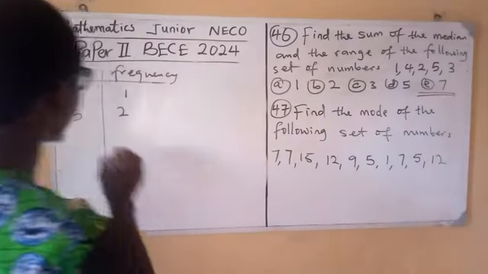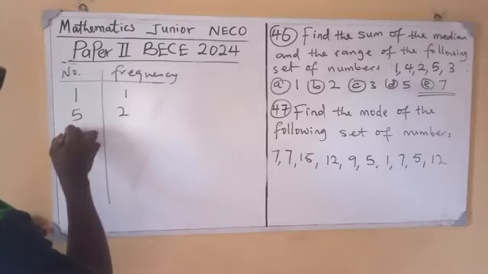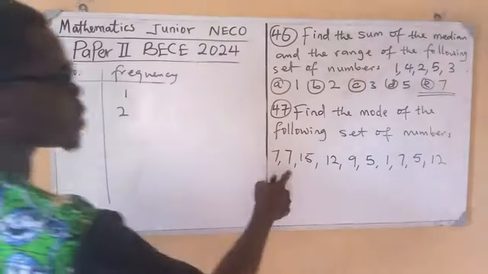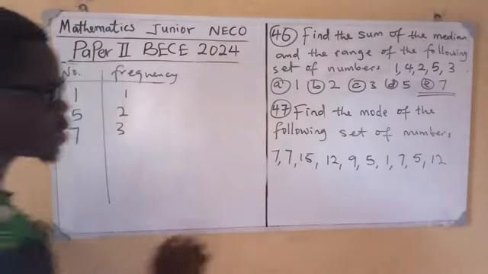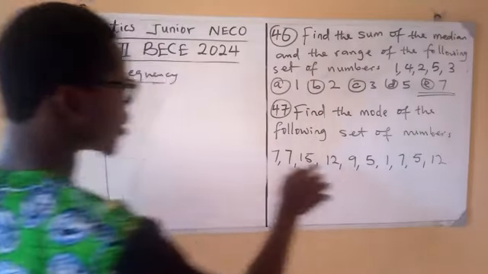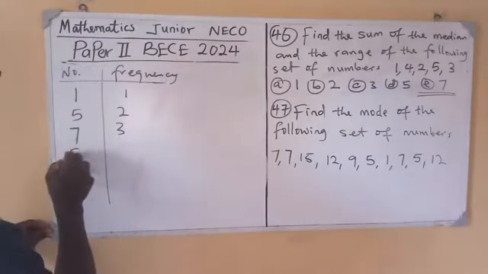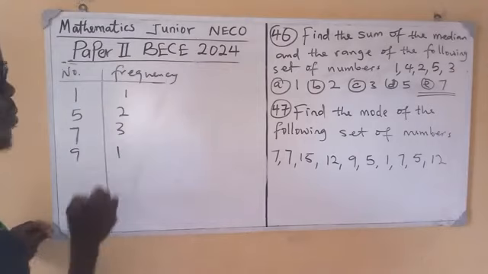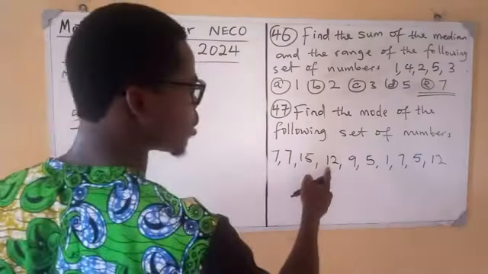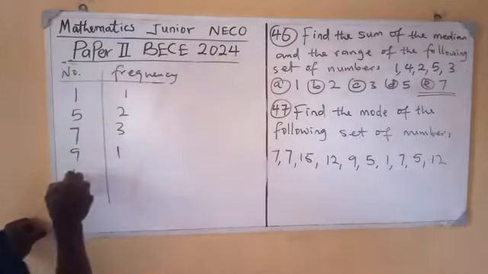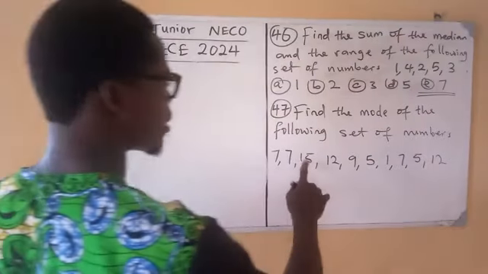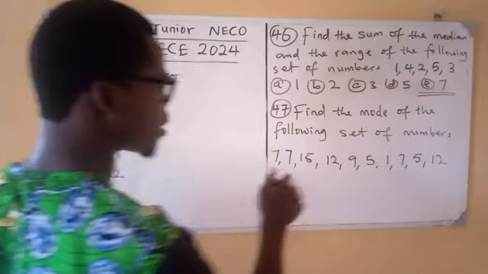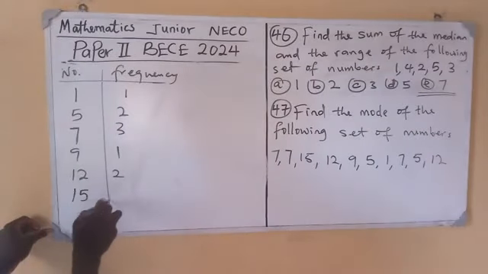The next is 7, and it appears 3 times. The next is 9, and it appears only one time. The next is 12, and it appears only 2 times. The next is 15, and it appears only once.